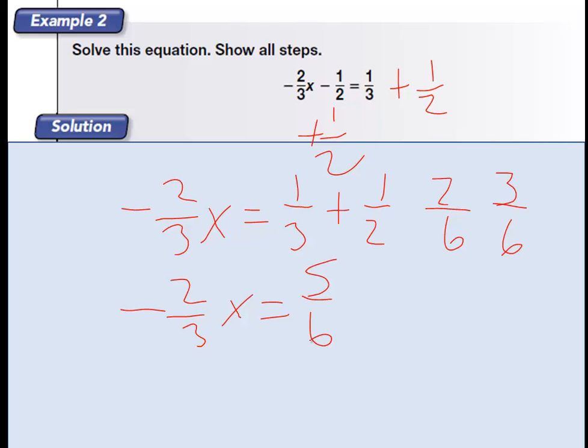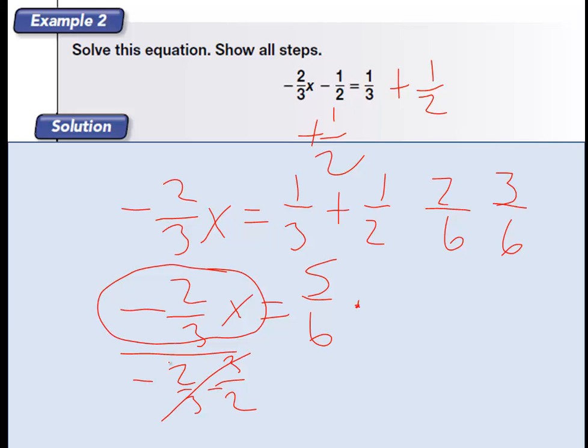Because this right here is being multiplied, we need to divide by negative 2/3. Can we divide by fractions easily? We can't. So what is it that we have to do? That's right. We're going to multiply both sides by the reciprocal. When we do that, this becomes a positive 1, which leaves the x.